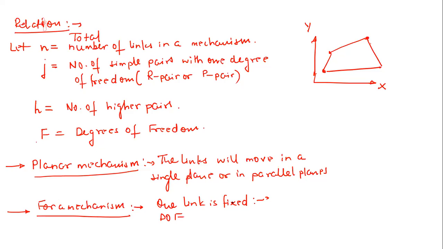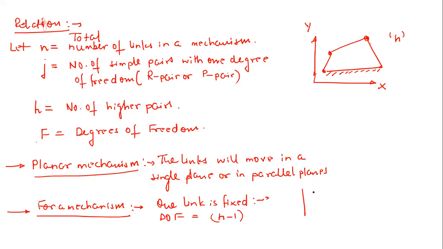Just tell me, for a mechanism one link is fixed, correct? So let me take this as a mechanism. I fixed just one link. So how many links are now free to move? n is the total number of links, so how many links are free to move now? n minus 1, very obvious.